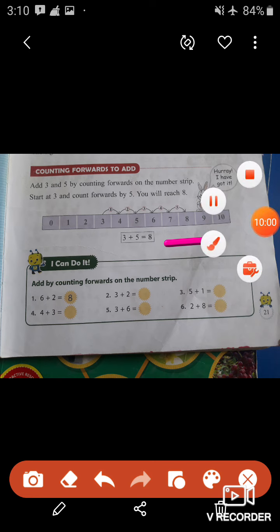When we count 2 forward from 6 we get 8. In the next we have to do 3 plus 2. So after 3, 4, then 5. So here the answer will be 5. In the next, 5 plus 1.